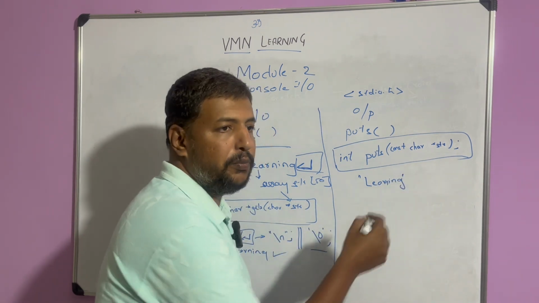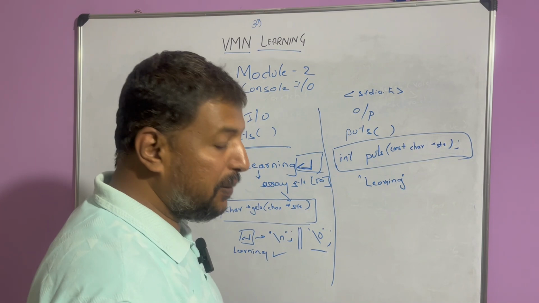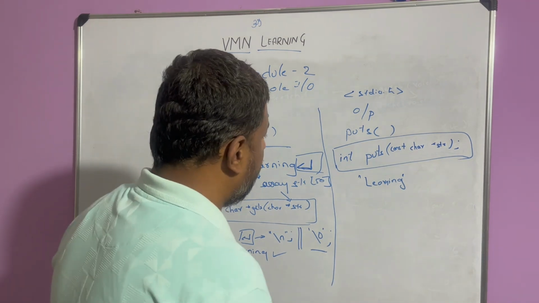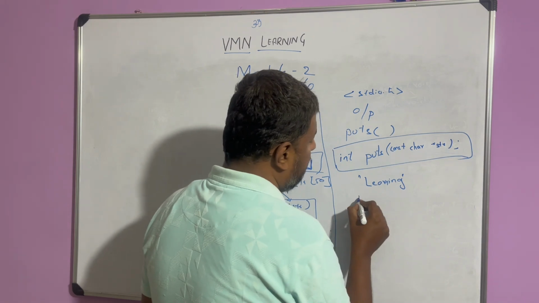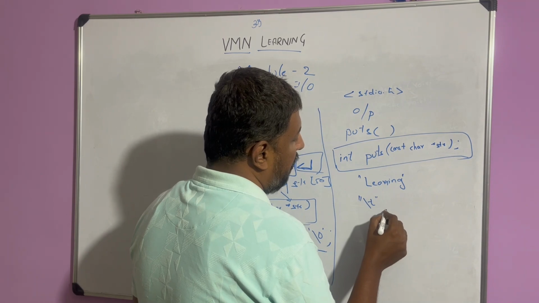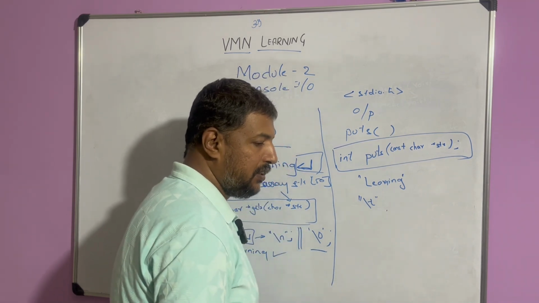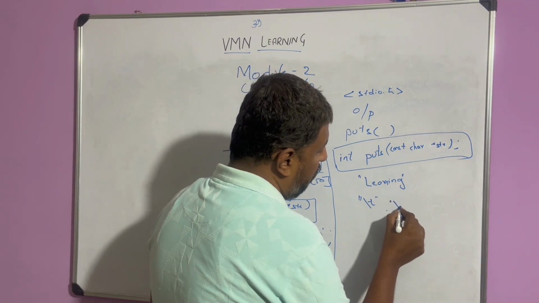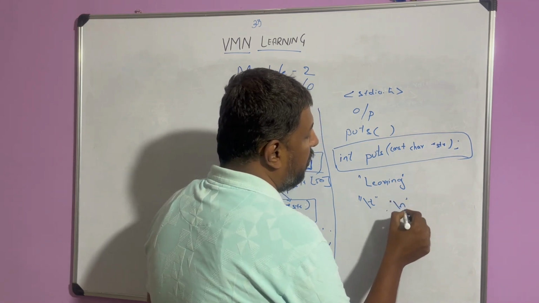However the input is given, it will put it like that. The speciality is that it also takes into consideration tabs, white spaces, and even the slash n for the new line.